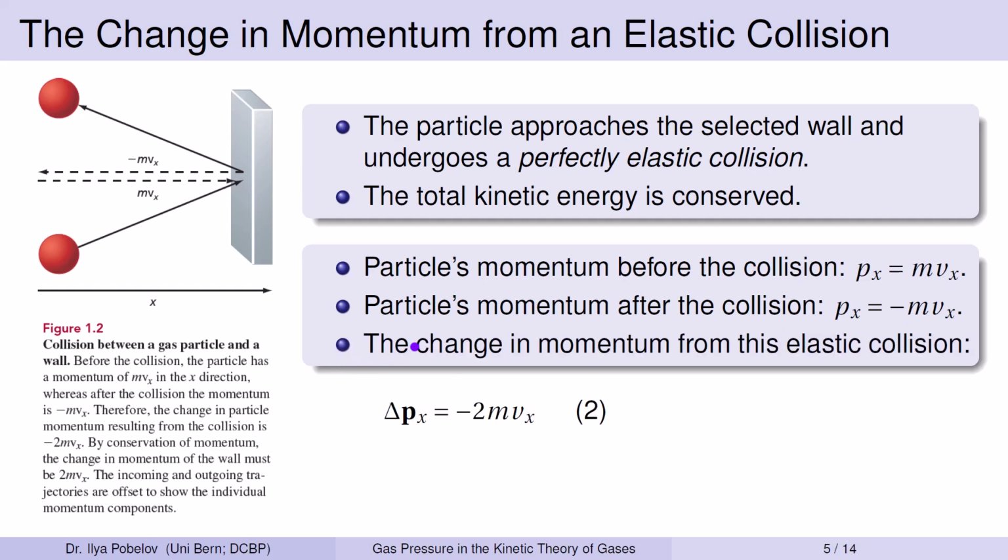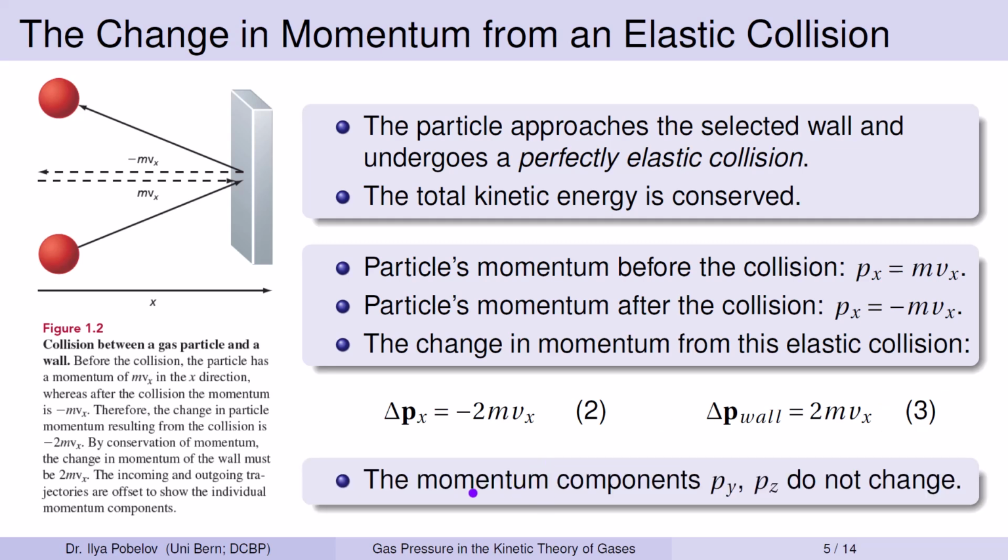The change in the particle's momentum resulting from this elastic collision is therefore minus 2mvx. According to the principle of the conservation of momentum, the change in momentum of the wall is the negative of this value, 2mvx. At the same time, the components of the particle's momentum along the other axis do not change.